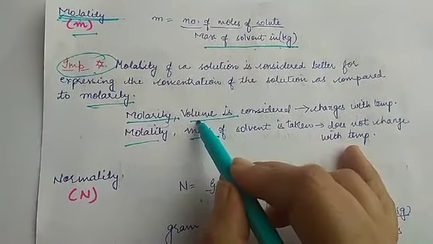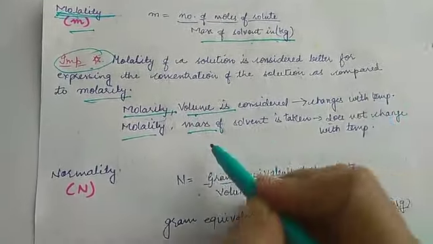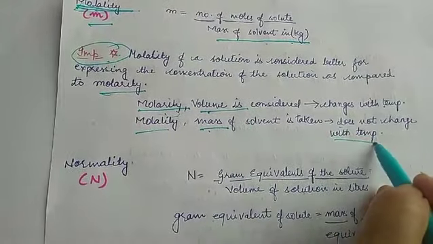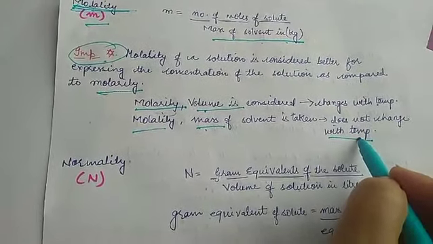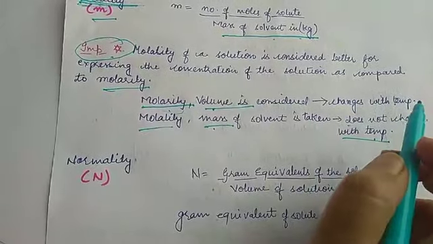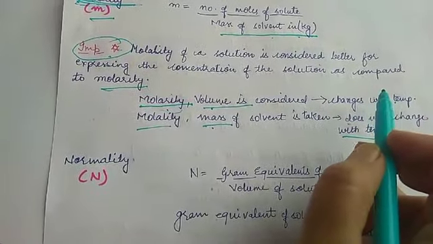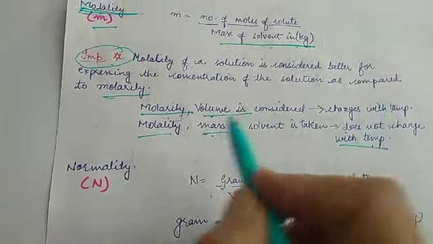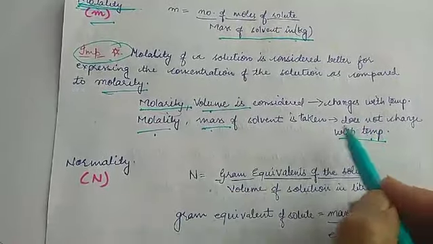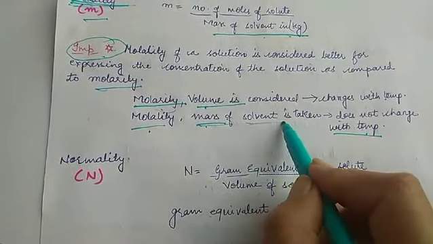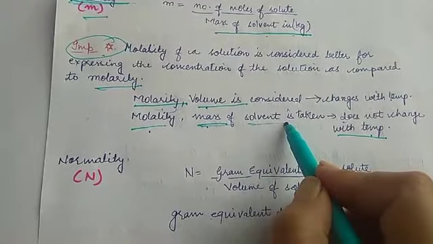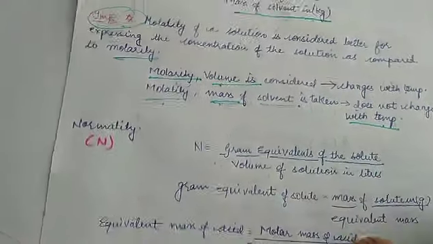And volume, as we know, changes with temperature, and mass does not change with temperature. So it is easy to express all the concentrations in molality, because the mass of solvent does not change with temperature. Clear?